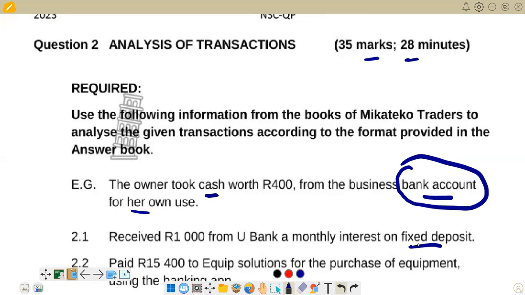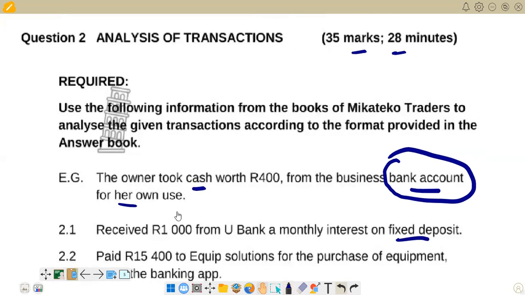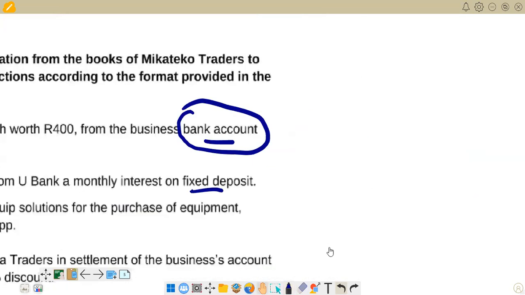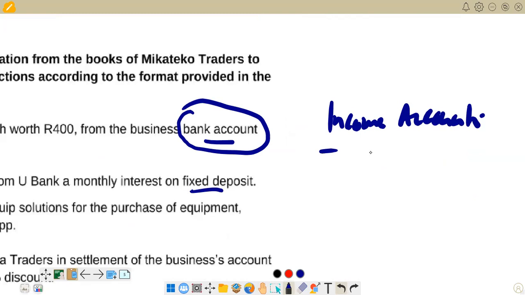And we know that for all income and expenses, we can put some explanations here. Whenever you have income accounts, we always credit them.